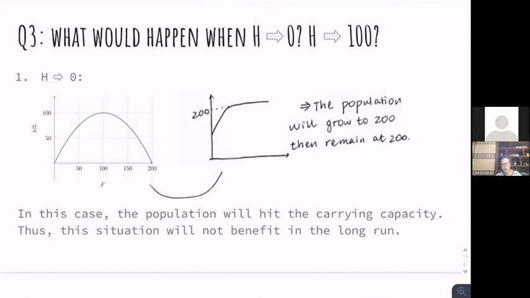The population will grow to 200 and remain at 200, which is the carrying capacity. So this situation will not benefit in the long run because we don't know what would happen after reaching the carrying capacity. Maybe it will decrease to 0, maybe it will remain at 200 for such a long time. We don't know that. So I'll just say when h is close to 0, this is not a proper idea.